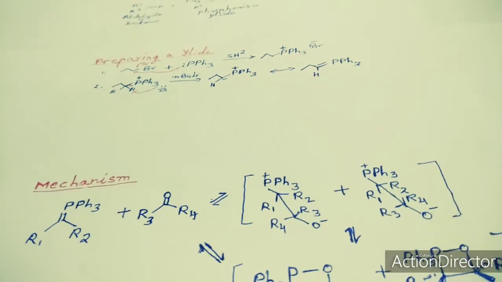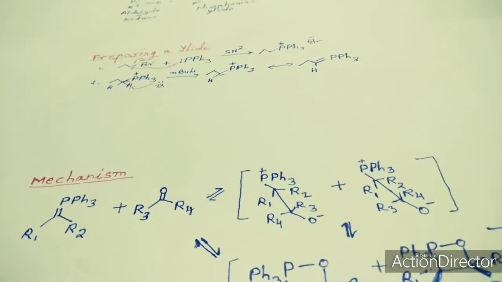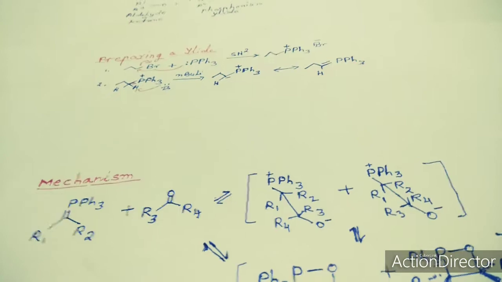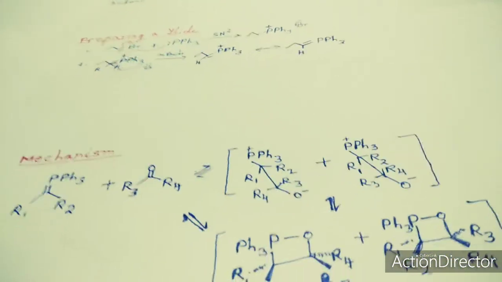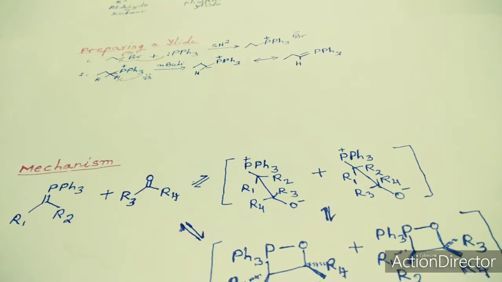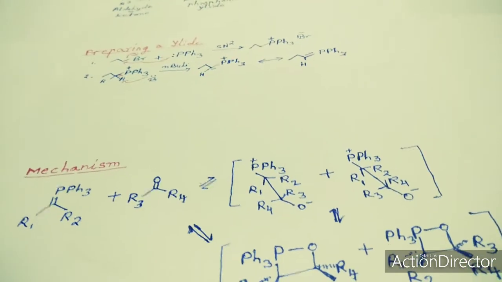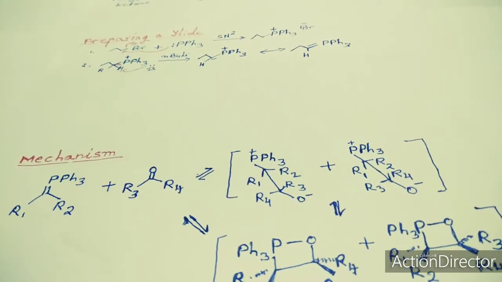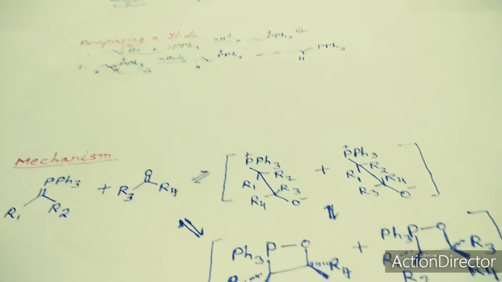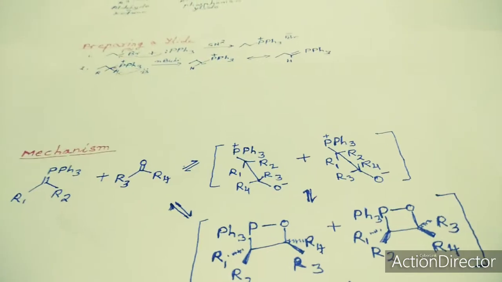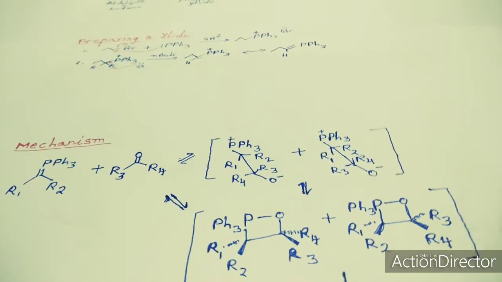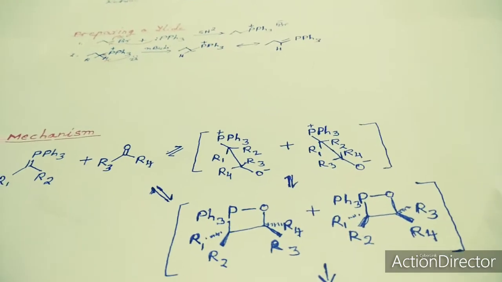Similarly, now the positive and the negative will tend to form a bond. As a result, we will get this oxyphosphatane, that is Ph3P with O negative forming a bond. This type of structure is known as the oxyphosphatane. This is the one which is participating in the reaction.